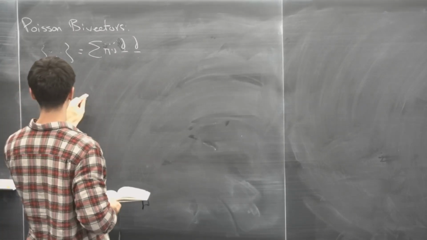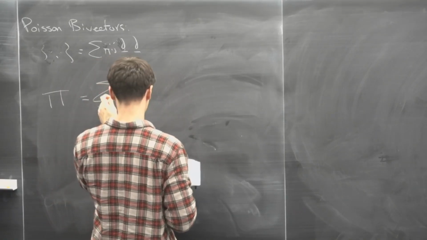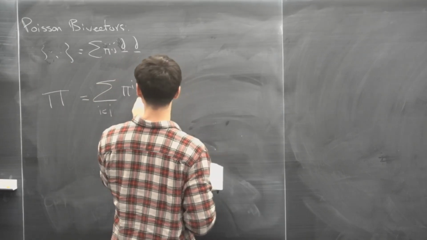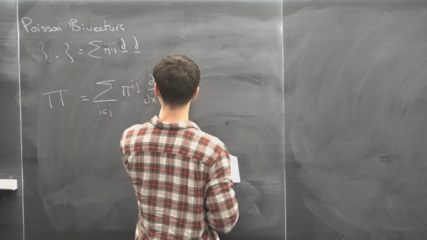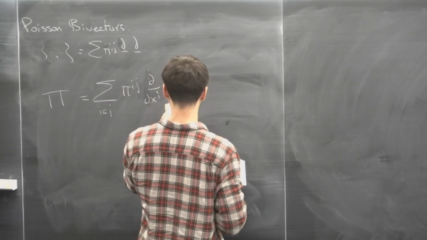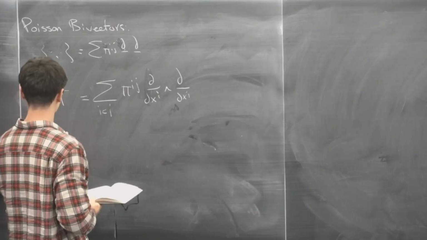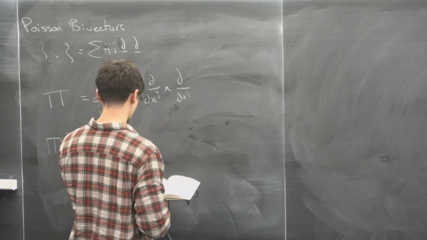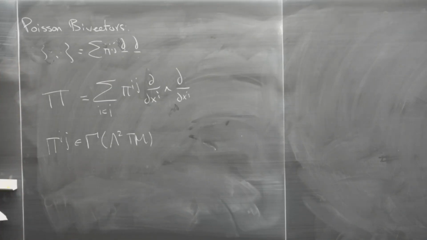Namely, we can automatically pick up skew symmetry by, or let me write it first, pi_ij for some smooth sections on the tangent bundle.